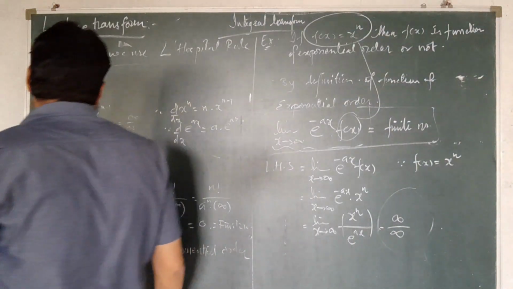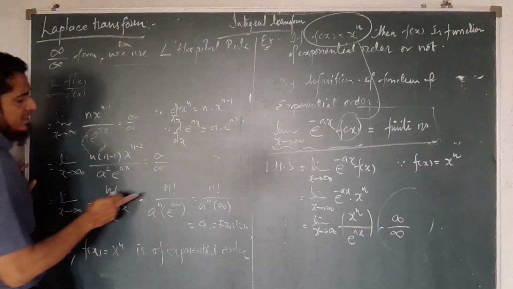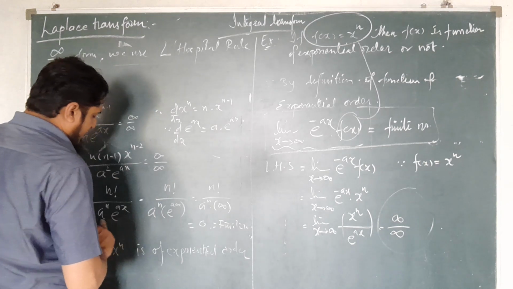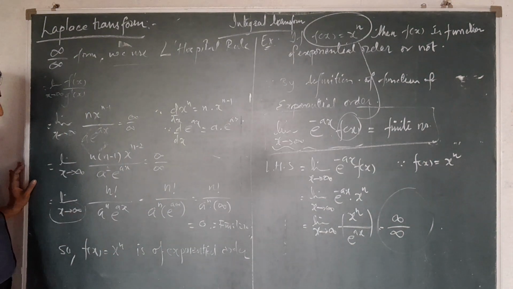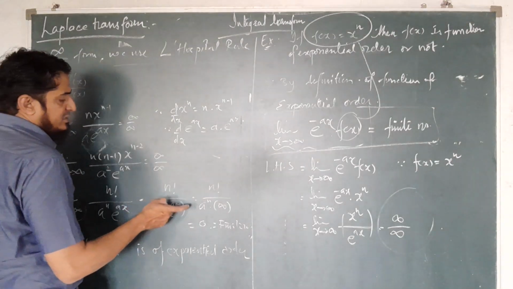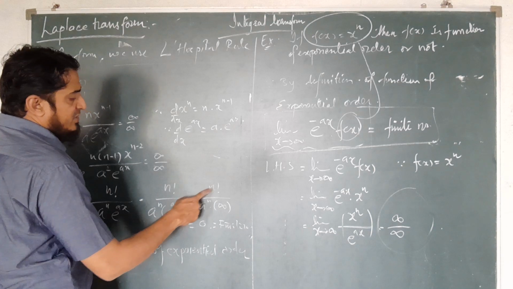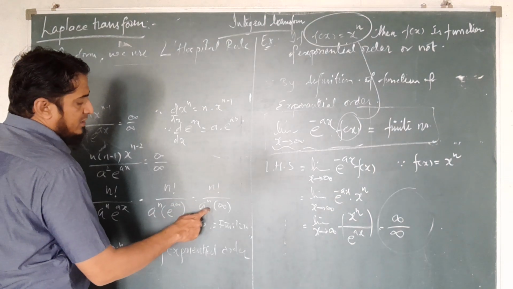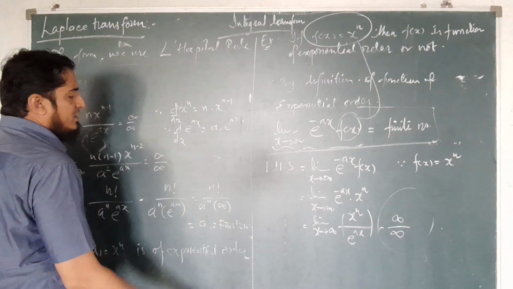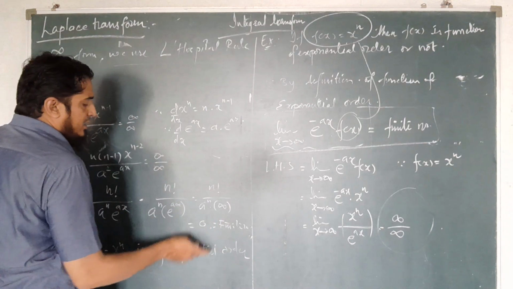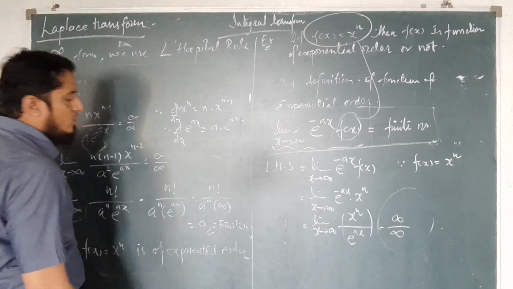So after differentiating n times we get n factorial upon a raised to n e raised to ax, and putting the limit of x, that is infinity, we replace this expression as n factorial upon a raised to n into infinity, and any number divided by infinity will give us 0.